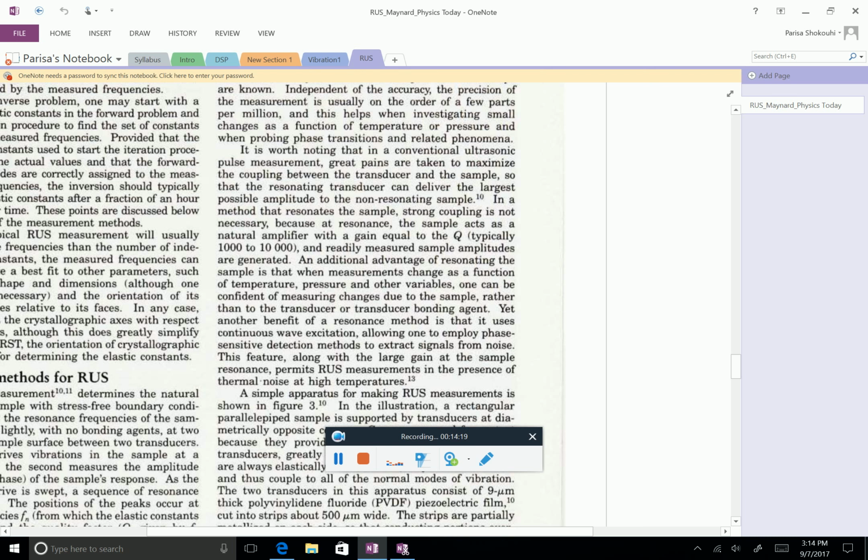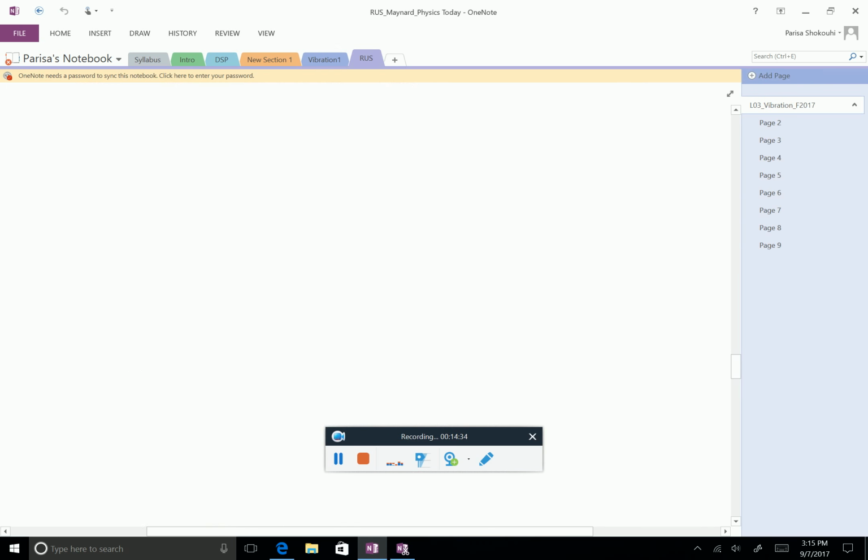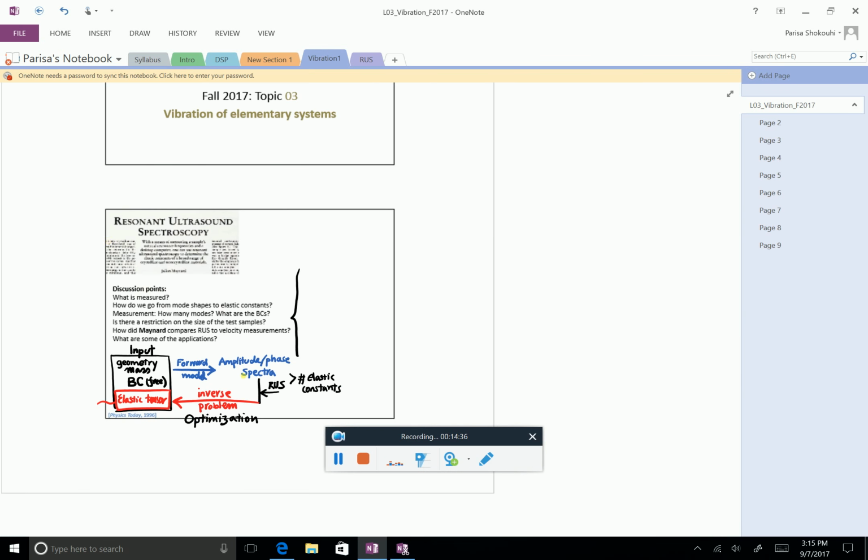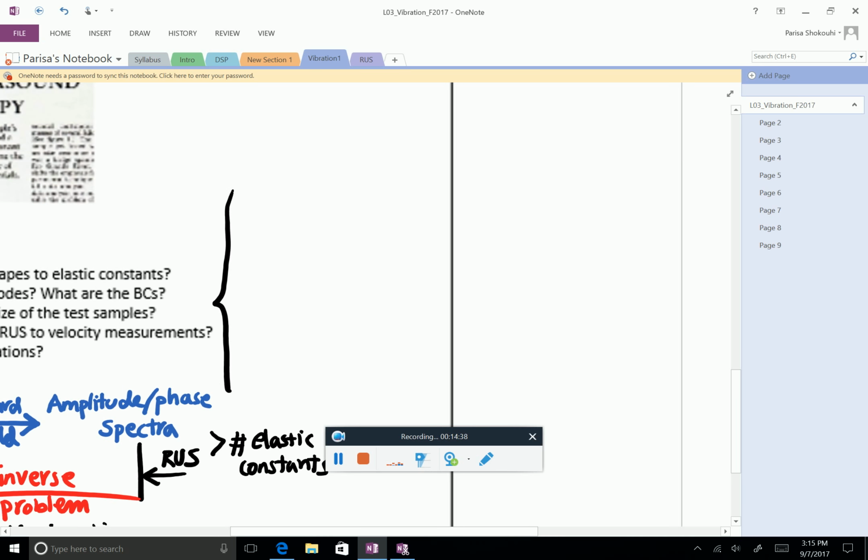I think it's here. Yeah. He's comparing somewhat the Ross and velocity measurements. What does he say? How does he say that these resonance measurements are better?